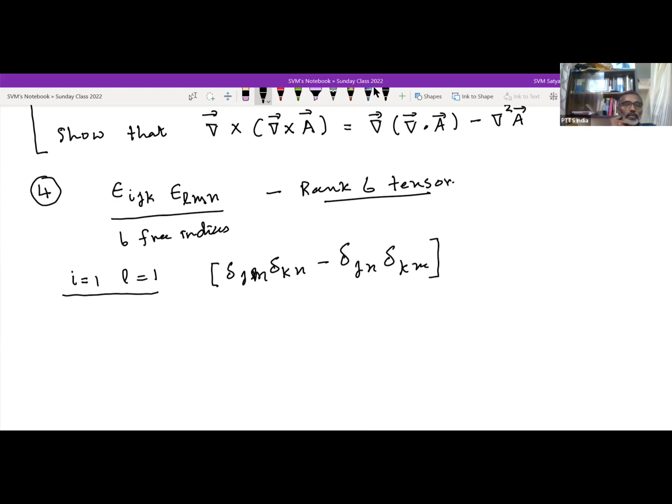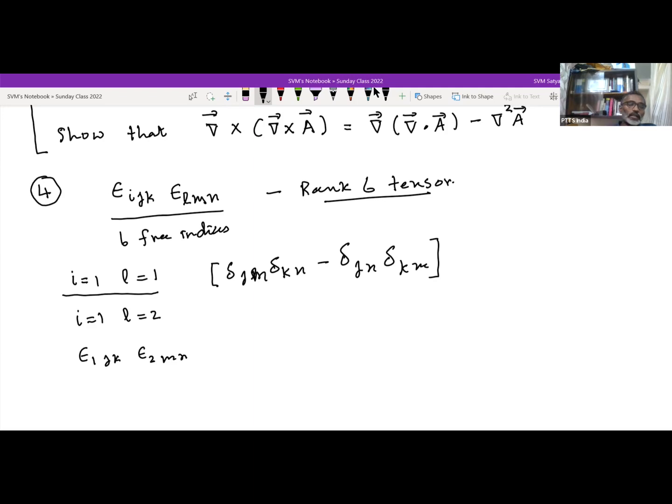Now what happens if I take I is equal to 1 and L is equal to 2? Then I have epsilon 1 JK and epsilon 2 MN. Correct?